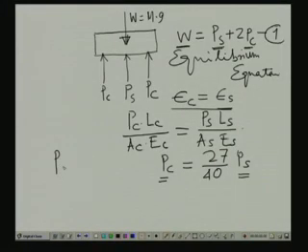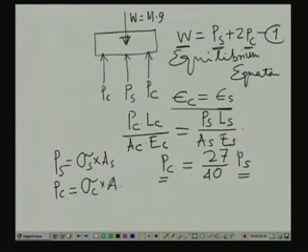So, the value of Ps equals the stress in the steel rod multiplied by the cross sectional area of the steel rod, and the maximum load that the copper rods can carry equals sigma c times Ac.